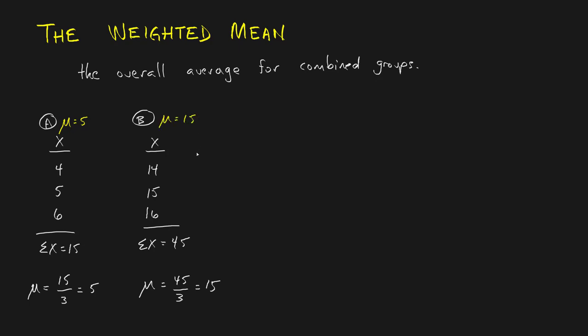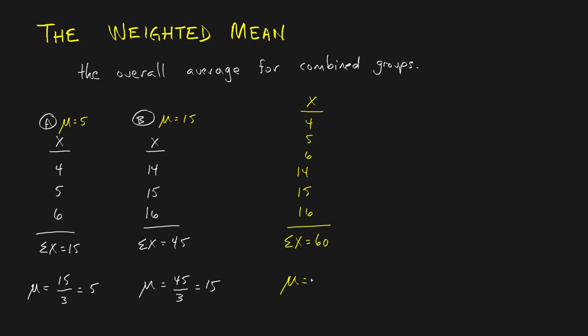What if we then pooled all of these kids together? Well, there's 2 ways of doing that. I'm going to start by doing it the long way. Let's actually pool all of the kids together: 4, 5, 6, 14, 15, and 16. And then we find the total there. If you add these up, this column of all of the kids' ages will add up to be 60.